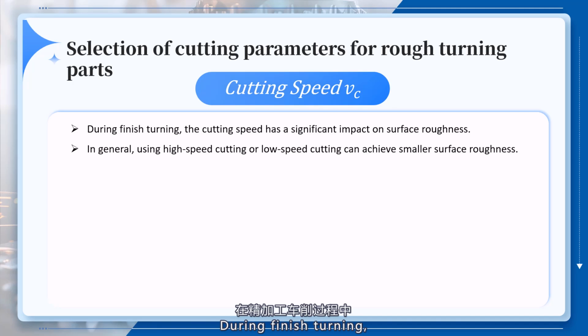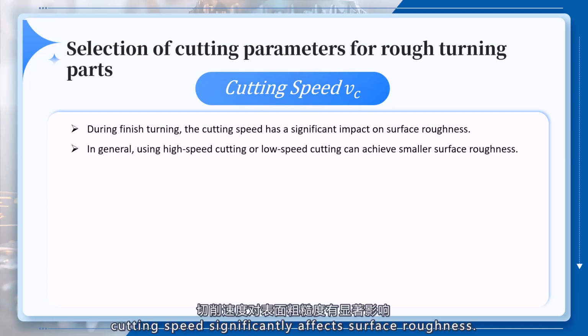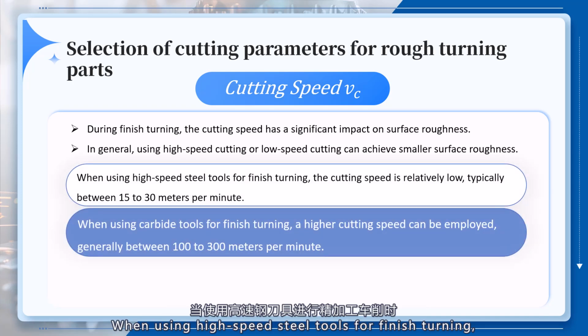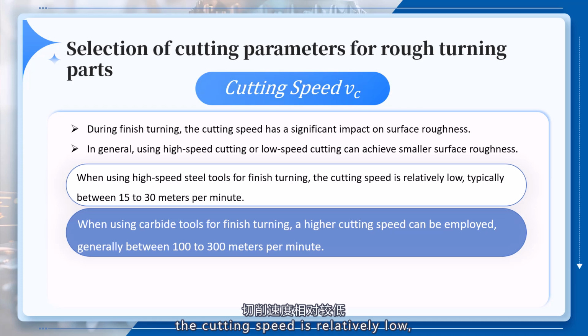During finish turning, cutting speed significantly affects surface roughness. Generally, both high-speed and low-speed cutting can achieve smaller surface roughness. When using high-speed steel tools for finish turning, the cutting speed is relatively low, typically between 15 to 30 meters per minute.